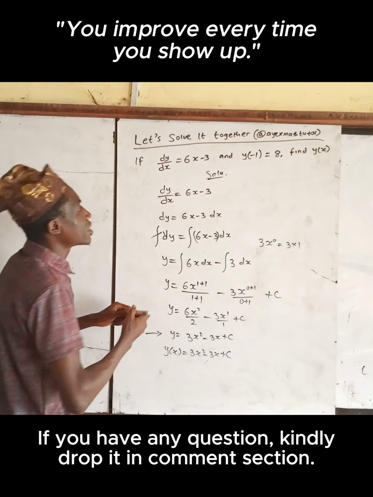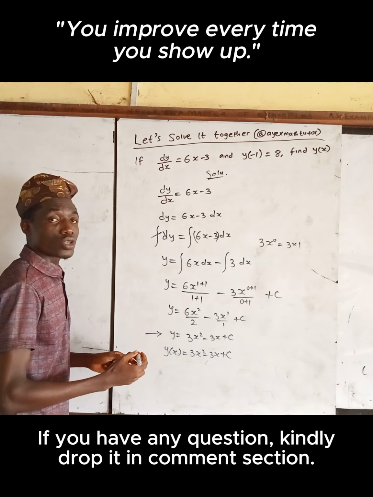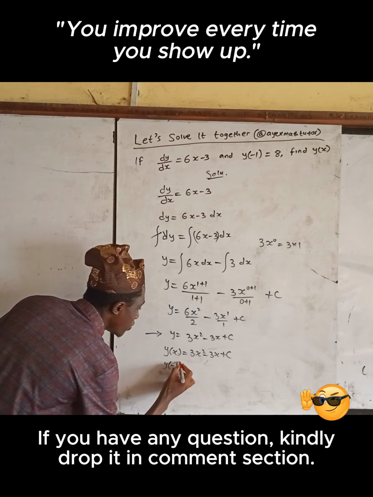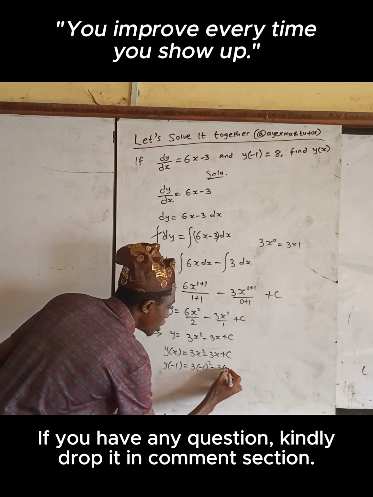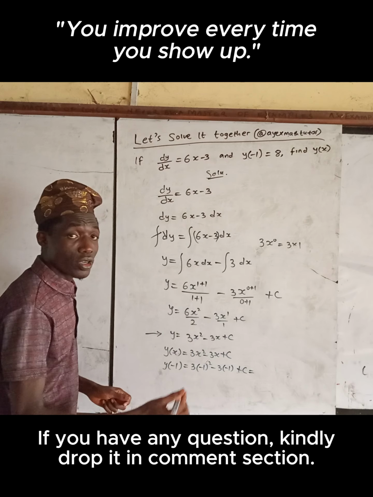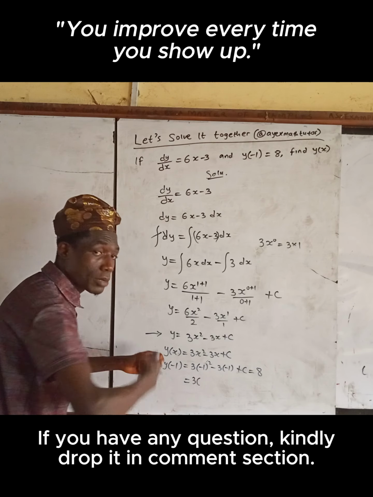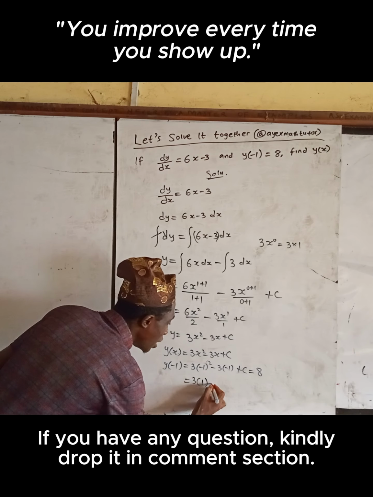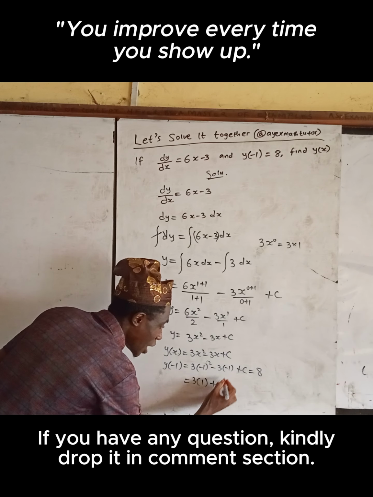We check this very well. y of negative 1 equals 8 simply means that when x is equal to negative 1, the value is 8. y of negative 1 equals 3 times negative 1 squared minus 3 times negative 1 plus c, which equals 8. Negative 1 times negative 1 gives positive 1, so 3 times 1 is 3. Then minus, negative times negative is positive, 3 times 1, that is 3.